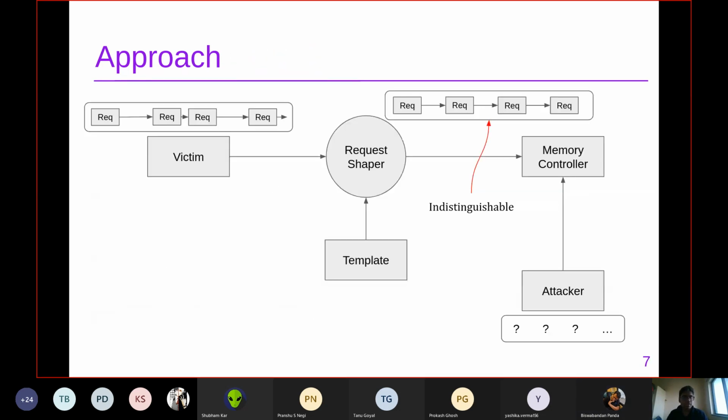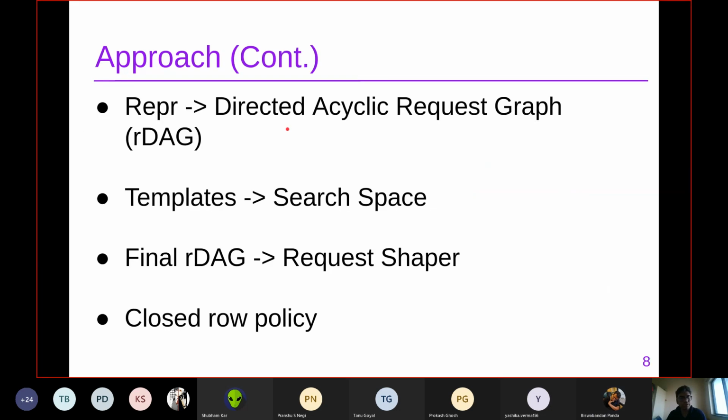Since we required a way to represent the patterns, we use the directed acyclic request graph, or RDAC for short. This paper introduces this representation of memory access patterns, which will be used throughout the solution. The templates will be a set of predefined RDACs, which, depending on the victim's input access pattern, will create a search space.